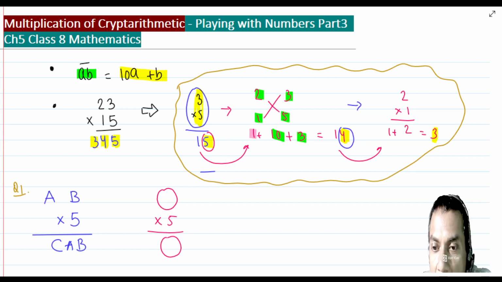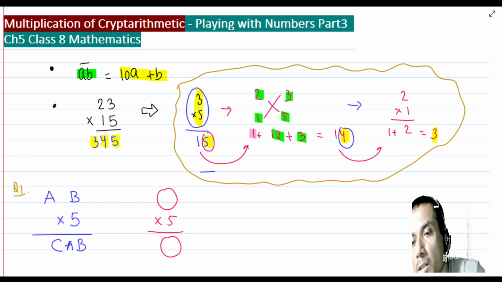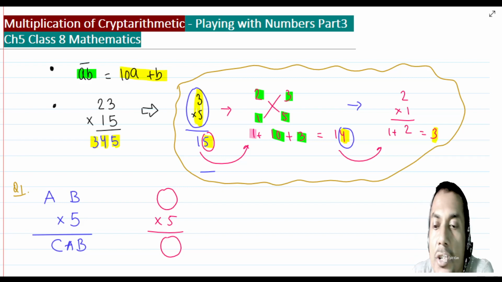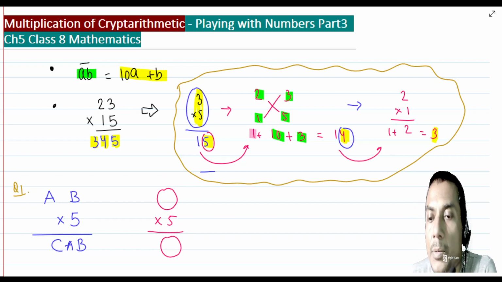If we multiply a number by 5 and the unit place must be the same number, how many possibilities are there? In your mind you should do this calculation. Suppose you multiply 1, you never get unit place 1, because 1 into 5 is 5. For 2, it is 10, unit place is 0, not possible.